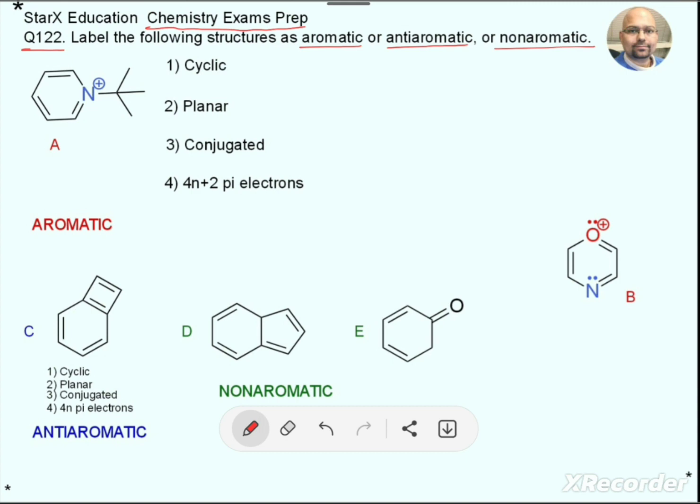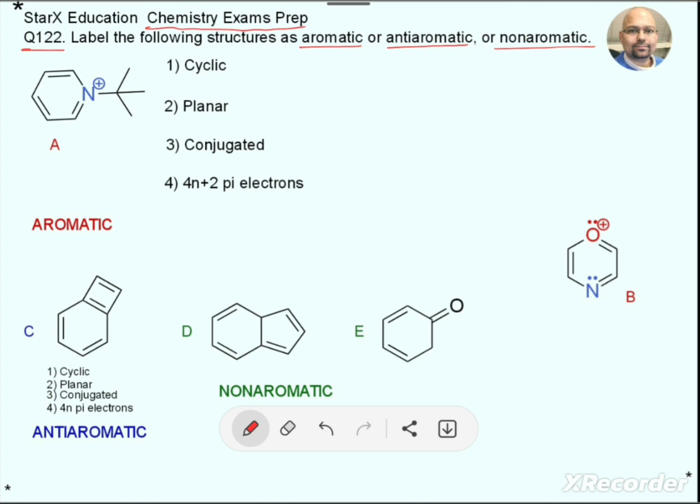A compound is called aromatic if it fulfills the criteria of aromaticity and Hückel's rule of 4n plus 2 pi electrons. Aromatic compounds are unusually stable, and that stability comes from the resonance delocalization of the electrons. When the charges are dispersed, the molecule becomes more stable.